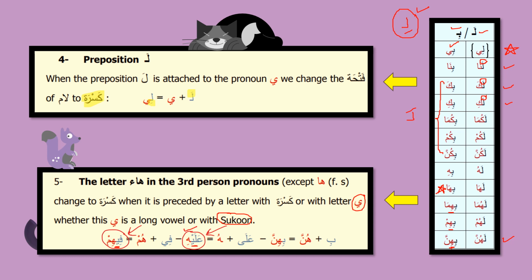Here the ya is with the sukoon, and here you can see the ya is the long vowel without any haraka over it, and here you can see the ya with the sukoon. So in both cases, the ghaib pronoun hu and hima or huma or hum or hunna will change their haraka to kasra. So this is the rule for lam, harf jar, and ba.